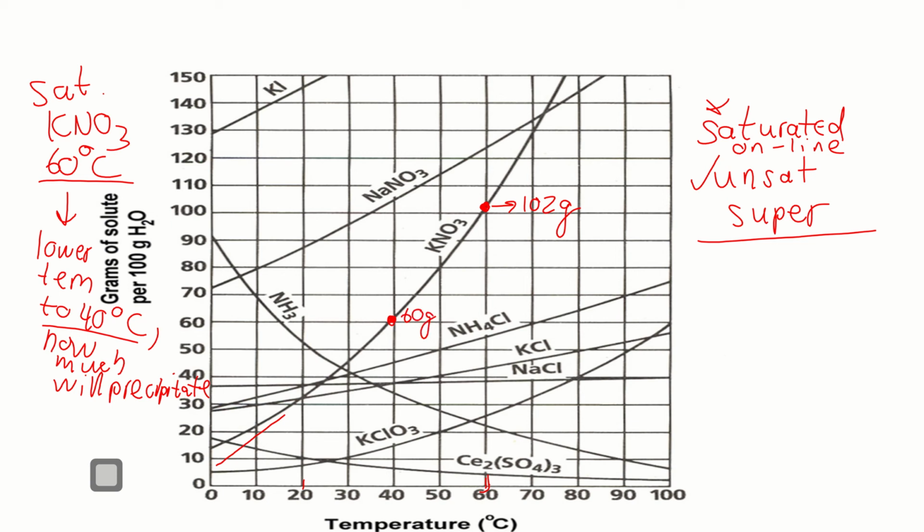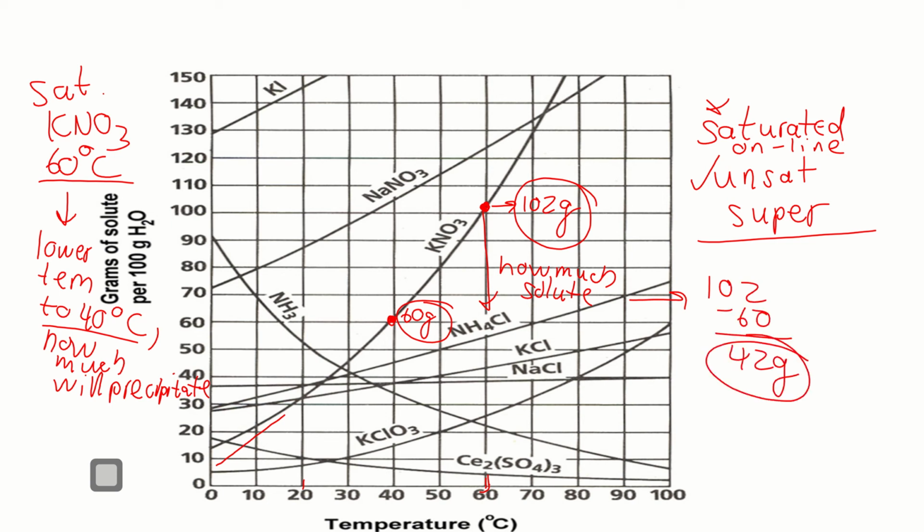So therefore, if I had 102 grams, and now I'm down to only 60, how much came out? How much solute precipitated? Well, all I do is subtract these two numbers. 102 minus 60 equals 42 grams. 42 grams have come out of solution.